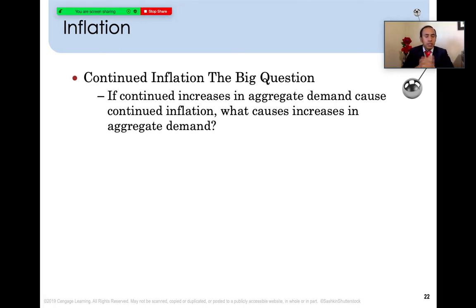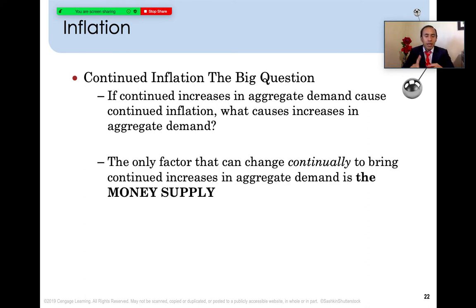Now, inflation has significant burdens. If continued increases in aggregate demand create continued inflation, what creates the ongoing increases in aggregate demand? Essentially, the only factor that can continually bring continued increases in the aggregate demand is the money supply.